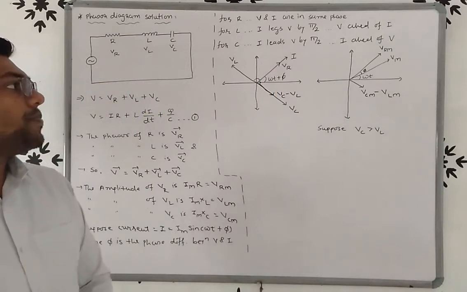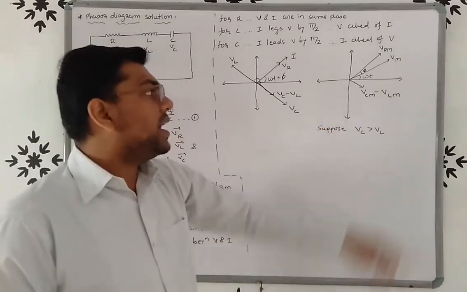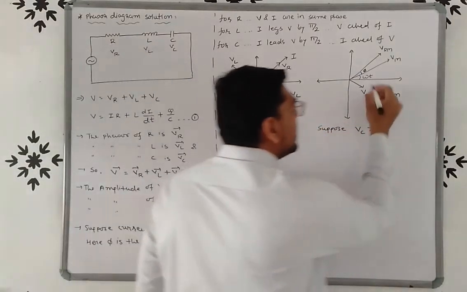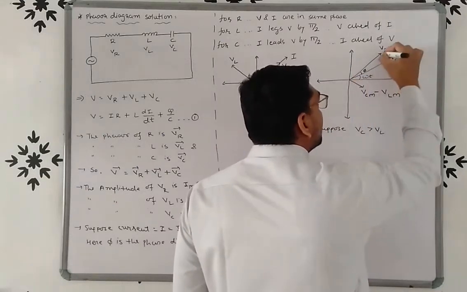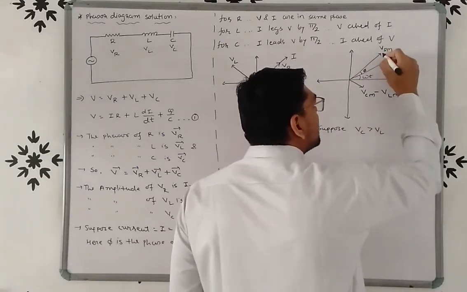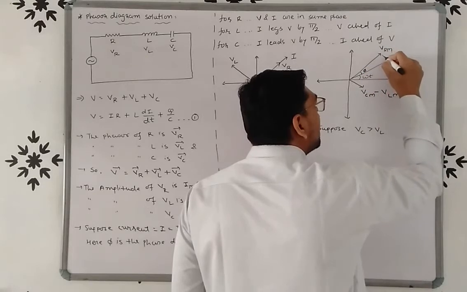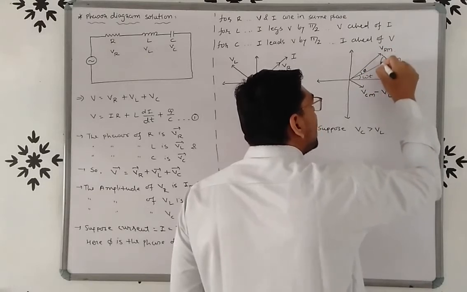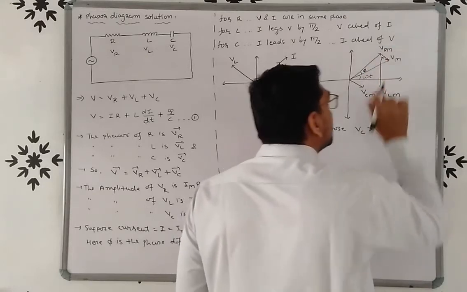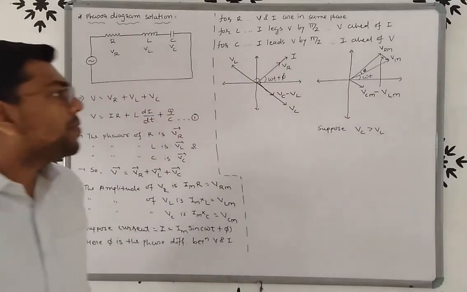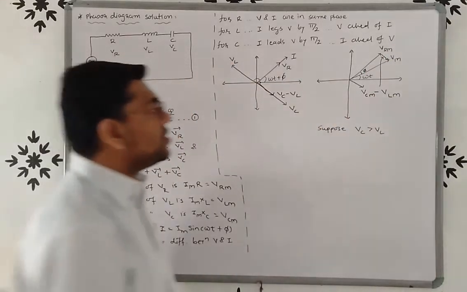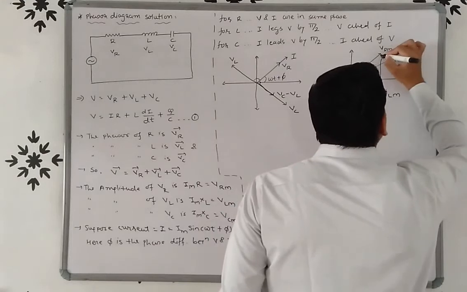So this is the phasor of VCM minus VLM. If this vector is VCM minus VLM, so this vector is also VCM minus VLM. So you can see this is the right angle.